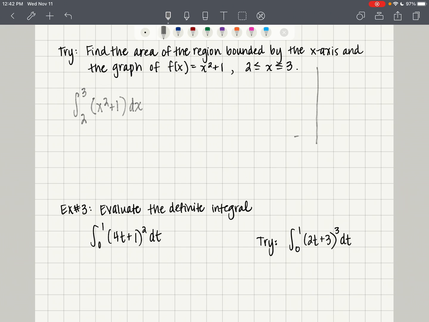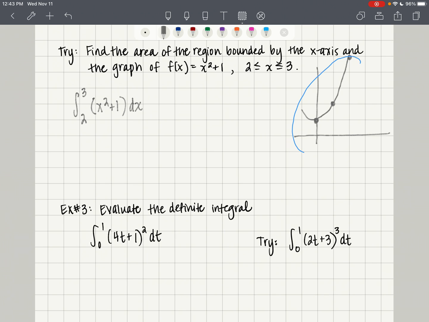I'm going to draw a quick picture only because I can. This is a quadratic shifted up 1. So we're going to get this parabola right there. We're going to have from x equals 2 to 3.